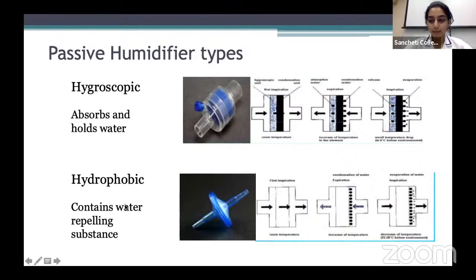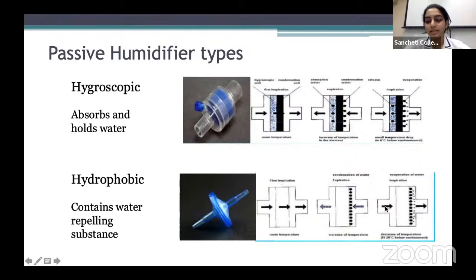In hydrophobic, that is the second type, basically, hydrophobic means it is repelling water. The name itself suggests that. So it contains a water repelling substance. Okay. So first inspiration occurs. During exhalation, the water gets stuck on the surface of this chemical substance. Because it doesn't like water, it repels water, it's going to keep the water on its surface.